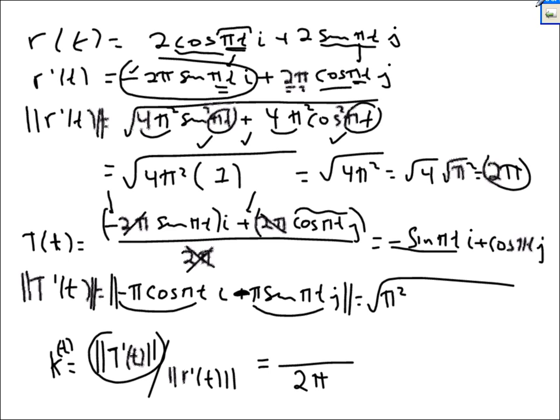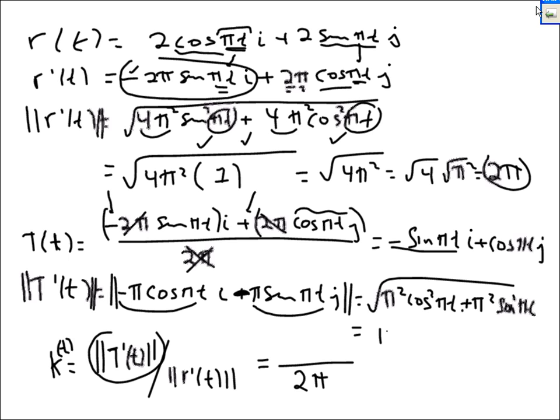You get pi squared cosine squared pi t plus pi squared times sine squared of pi t.